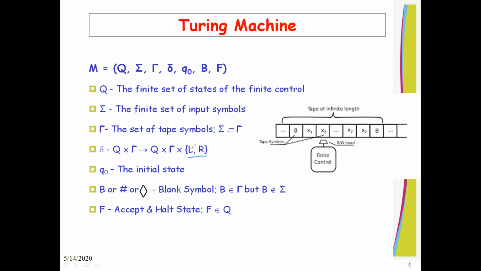So there is no concept of moving left. But in the case of the Turing machine, the head can move left as well as right. So we have to specify the direction on each transition. It is an important point here.